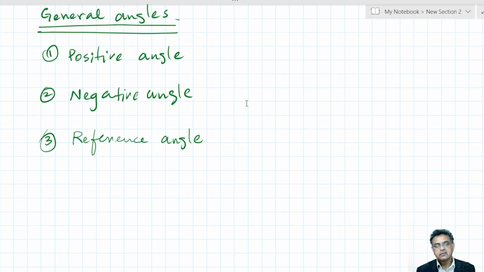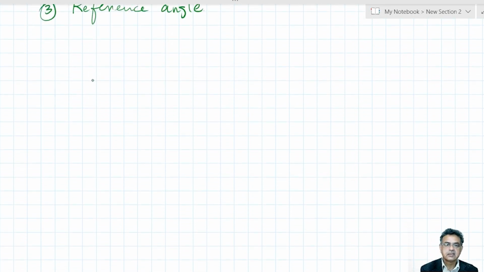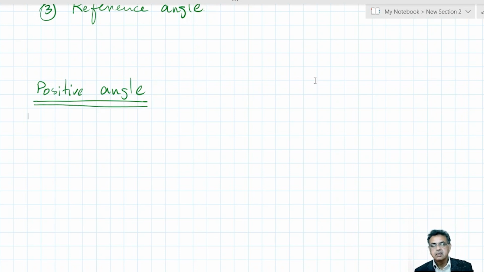So let's see, first of all, positive angle. As I have said, in a right angle triangle we know the names of the ratios.